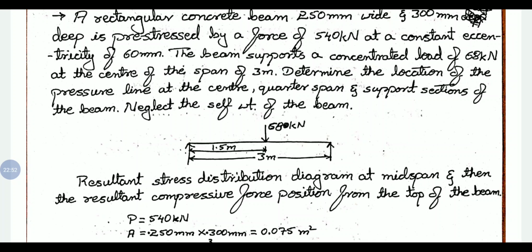So the total span of the beam is 3 meter, and it is supporting a point load or concentrated load of 68 kilonewton exactly at the center. You need to find out the location of pressure line at midspan, quarter span and support sections. Since we are neglecting the self weight of the beam, no need to worry about it.